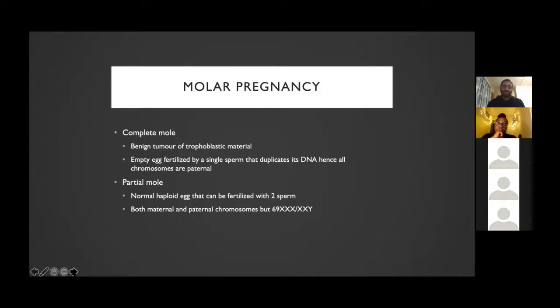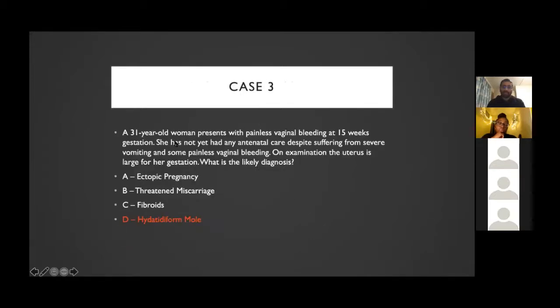And if we look at the investigations for a molar pregnancy, you generally want to do a transvaginal ultrasound and see it. As you can see in this patient, she had some vaginal bleeding, which is a sign of molar pregnancy. But another really big sign that will give it away is severe vomiting.